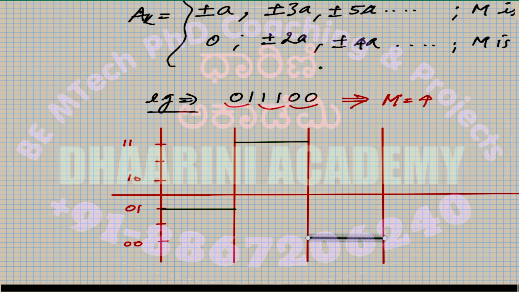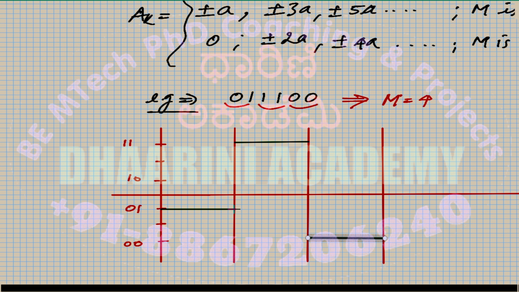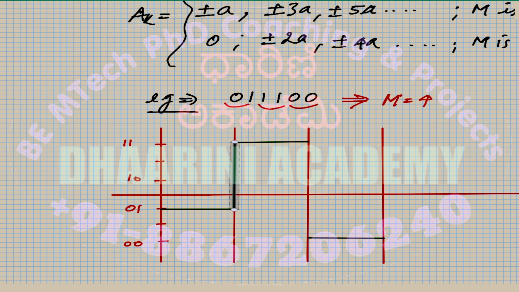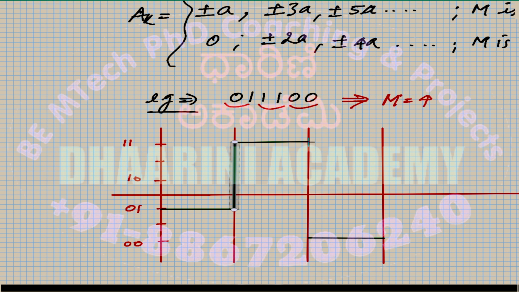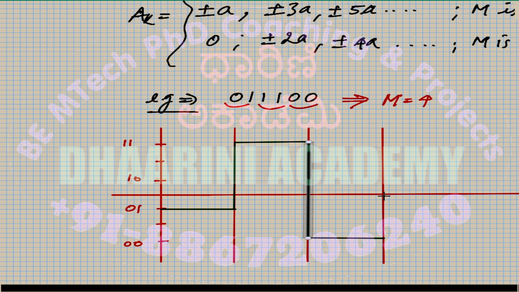So you can see the rectangular pulse that is actually being transmitted looks like this. Again, this is an example with M equal to 4, right? M can be changed to any other value so that we get any M-ary system.